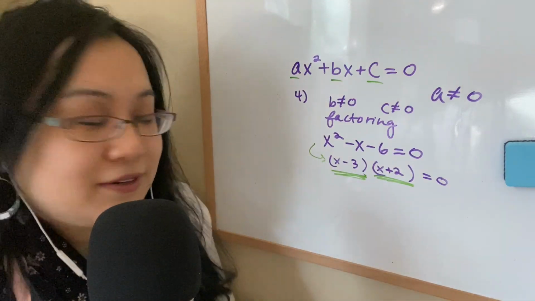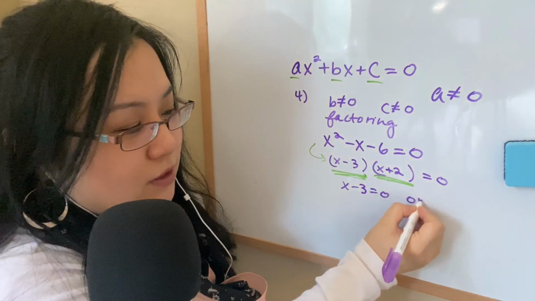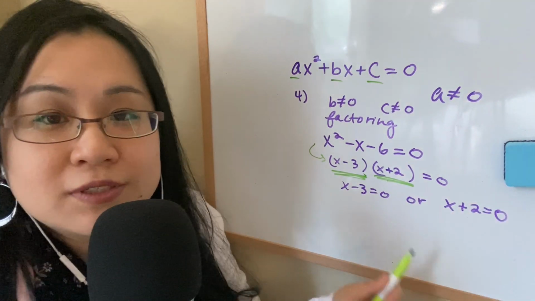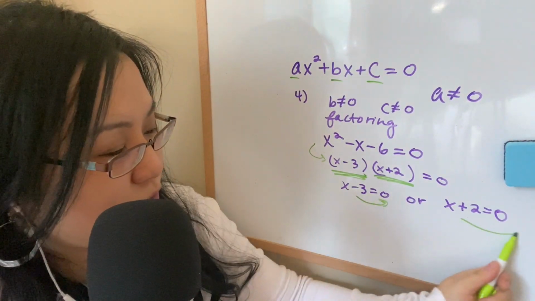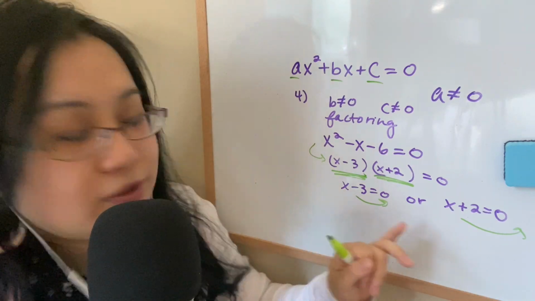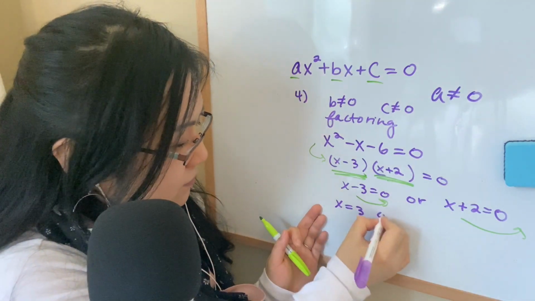Or both, right? So x minus 3 equals 0, or x plus 2 equals 0. And again, our one-step situation, you move the -3 over, move the positive 2 over by subtracting 2 on both sides. So x equals 3 or x equals -2. Or both.